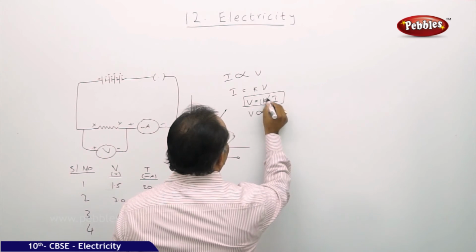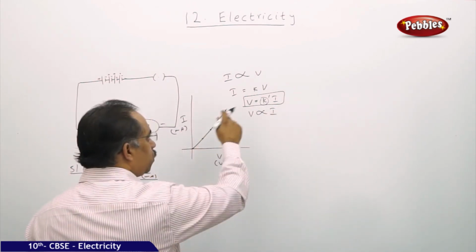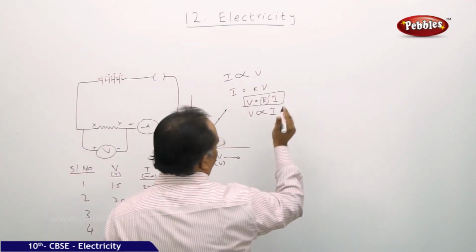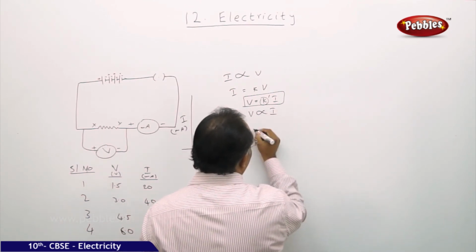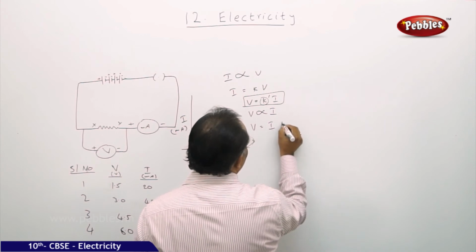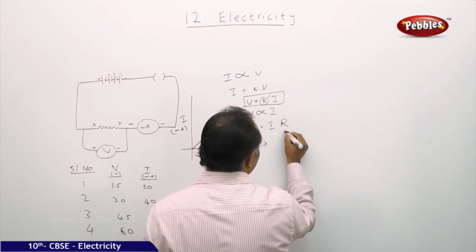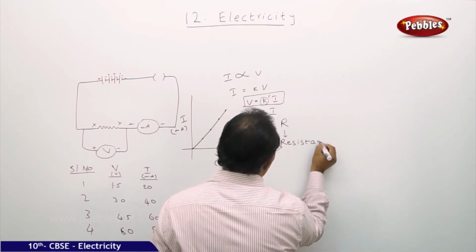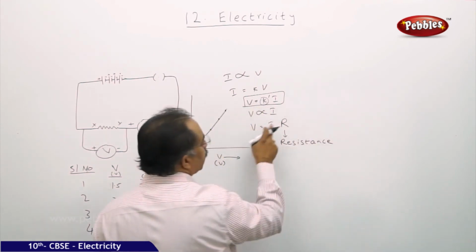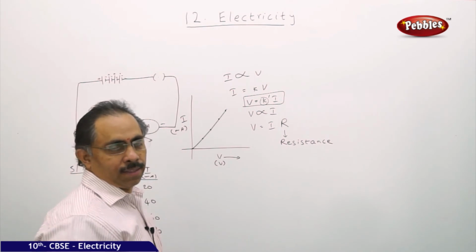This constant k dash is nothing but the ratio between V and I. So this particular thing, I will write as V is equal to I into R. This R is nothing but resistance. This constant k dash is nothing but R, the resistance.